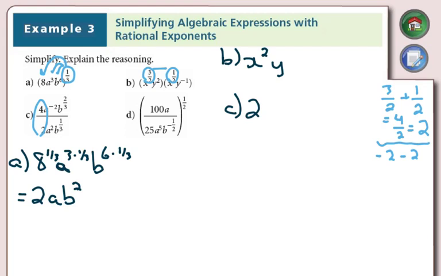Do that to the side. So we're given an exponent of -4 on the a's. With the b's, we'd have 2/3 minus 1/3, which would give us 1/3 exponent on the b's.